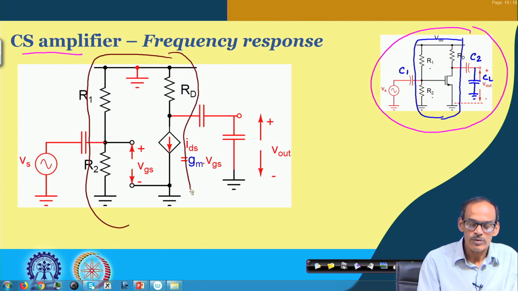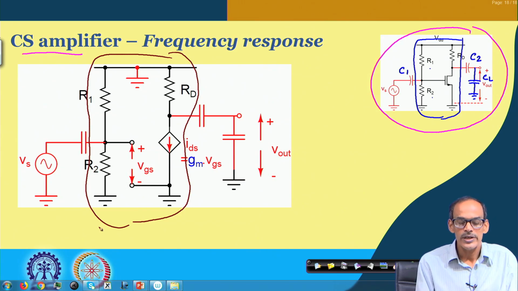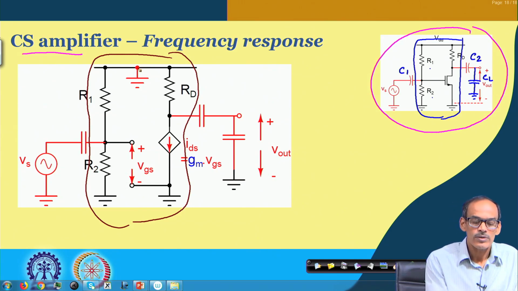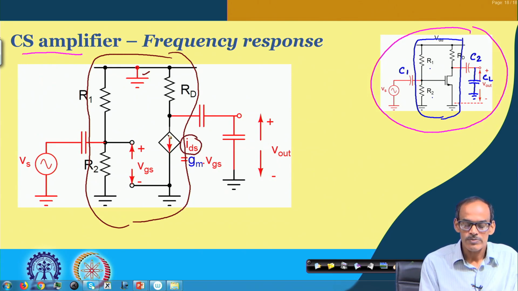Here of course, it is the small signal equivalent circuit, where VDD node is AC ground, and the transistor is replaced by its small signal model, which is a voltage dependent current source, small IDS, given by transconductance gm multiplied by VGS.